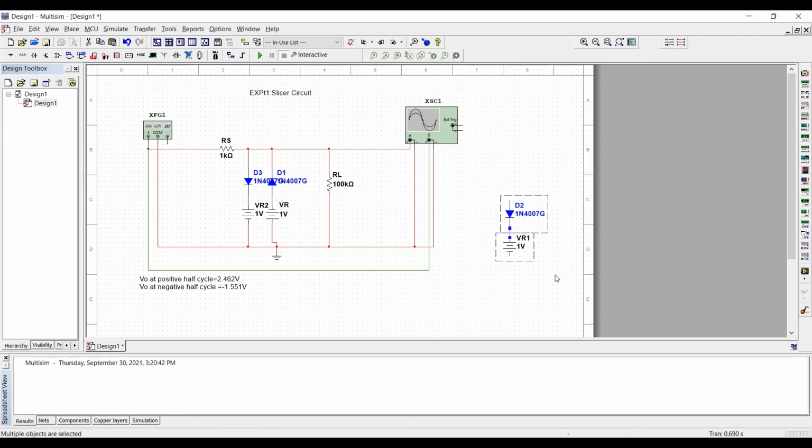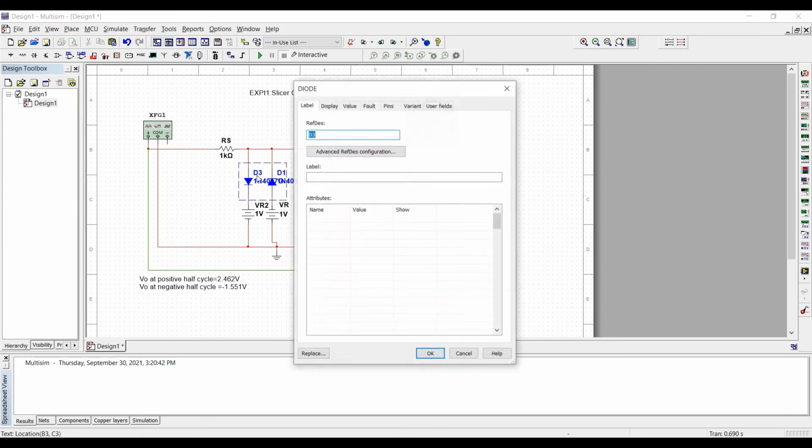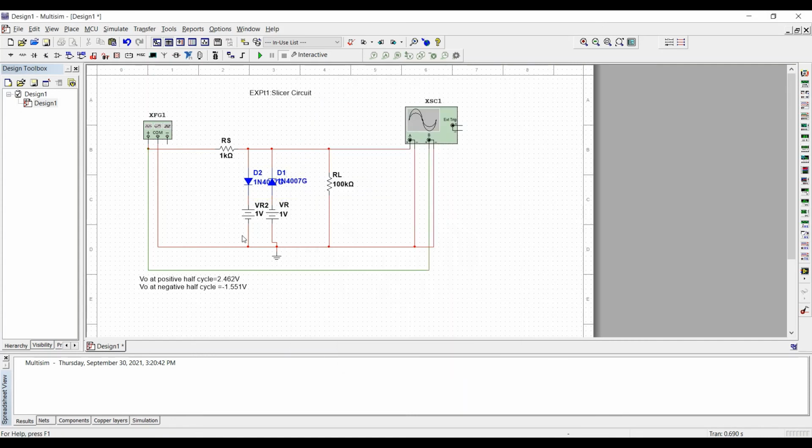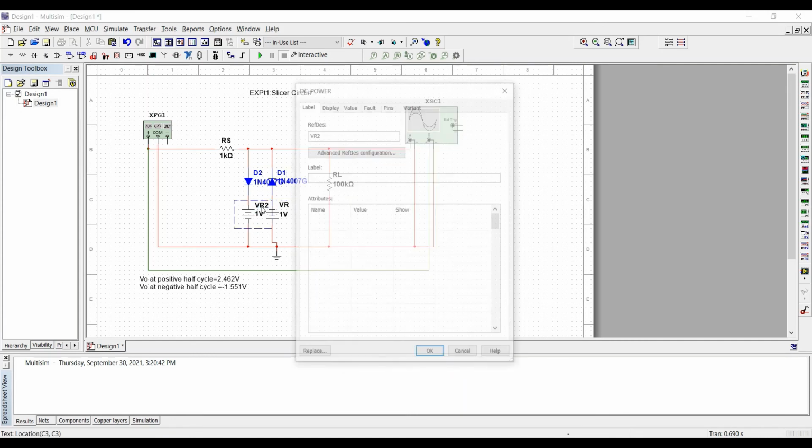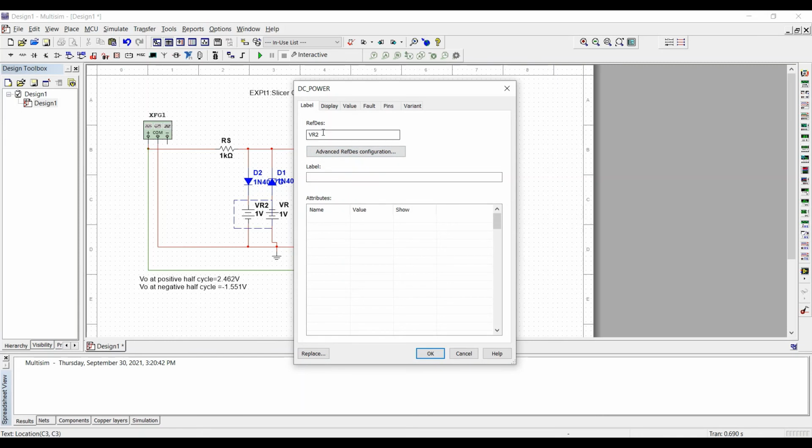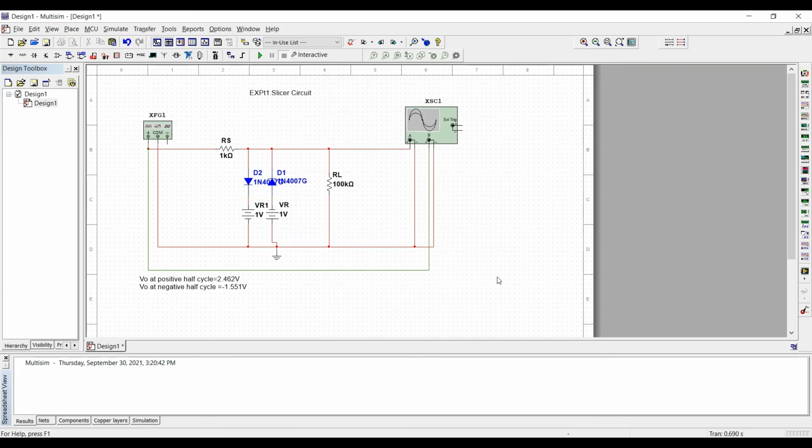We can remove it. We can change this notation to D2, diode 2. We can change this to your notation display as VR1. Okay. This is the circuit of slicer circuit. Slicer means that both positive and negative half cycle will be clipped.